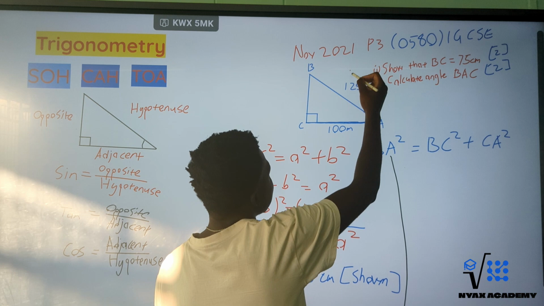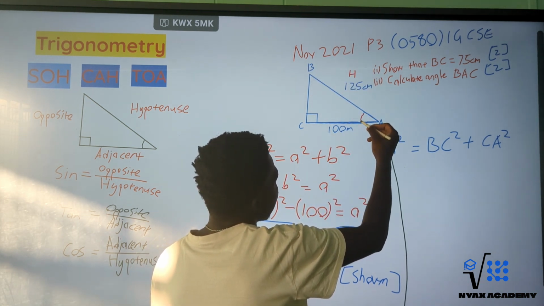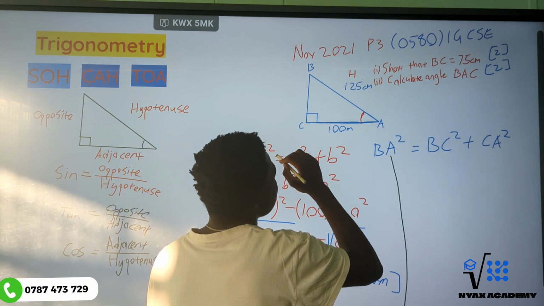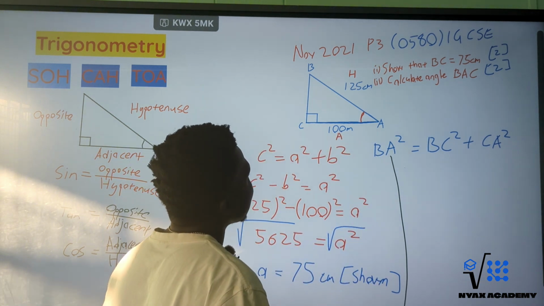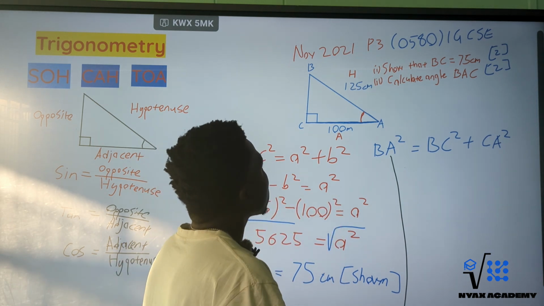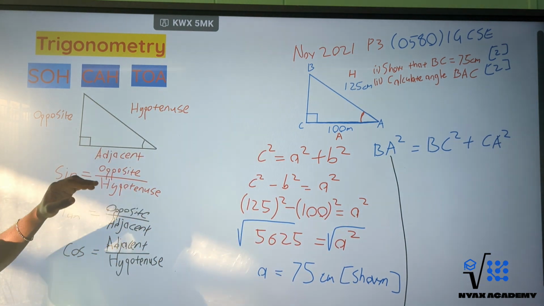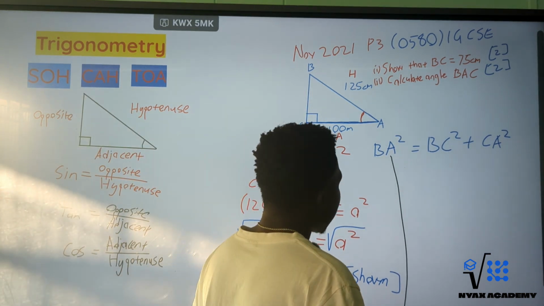Opposite this is the hypotenuse, as we've discussed. Then for angle BAC, AC is the adjacent. So we're given the adjacent and the hypotenuse, and we need to find BAC. We take a look at our ratios. The one with adjacent and the hypotenuse is cos.